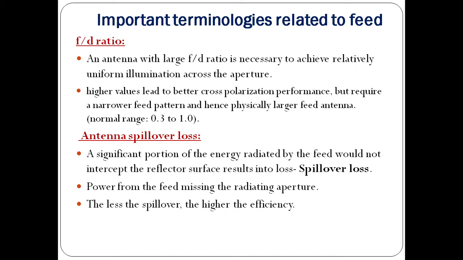That is called spillover loss. That is nothing but simply power from the feed missing the radiating aperture. Some portion of the radiated power from the feed misses the radiating aperture, and that loss is called spillover loss. The less the spillover, the higher the aperture efficiency. Always try to reduce the spillover from the feed antenna.